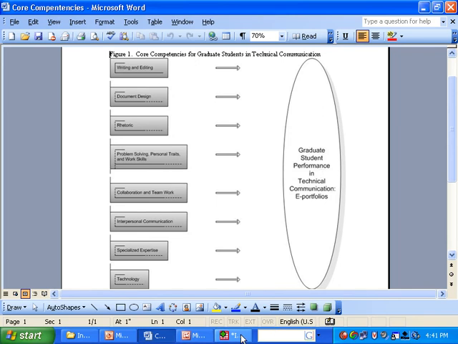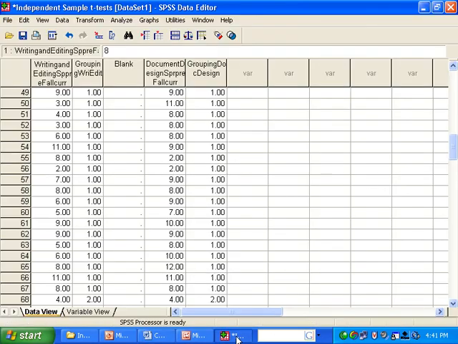In the particular data set that we have, we're going to look at only two of these variables, writing and editing and document design. But as this is an independent sample t-test, we're going to look at two groups of data, one from a spring data set and one from a fall data set.